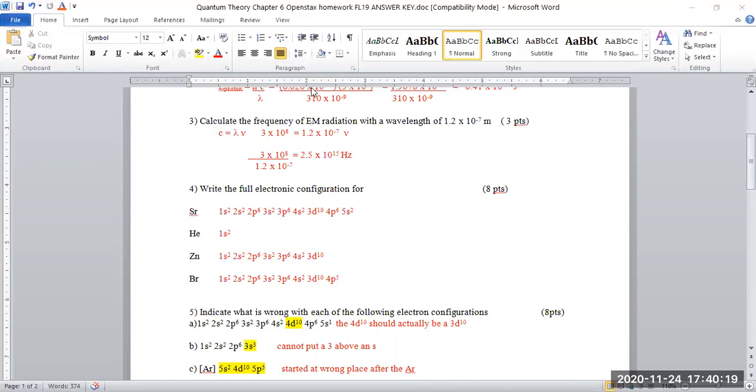It has a lot of potential errors to it, so I tend to focus on the full configuration options here. So when you look up strontium, I need to grab my periodic table because I don't remember what number strontium is off the top of my head. 38. So 38 electrons have to be placed.